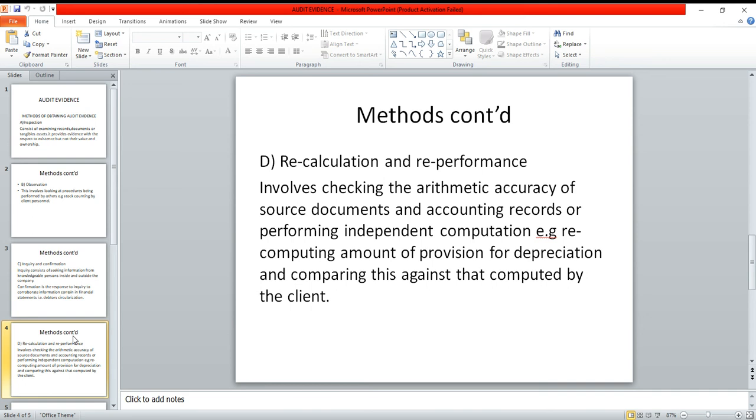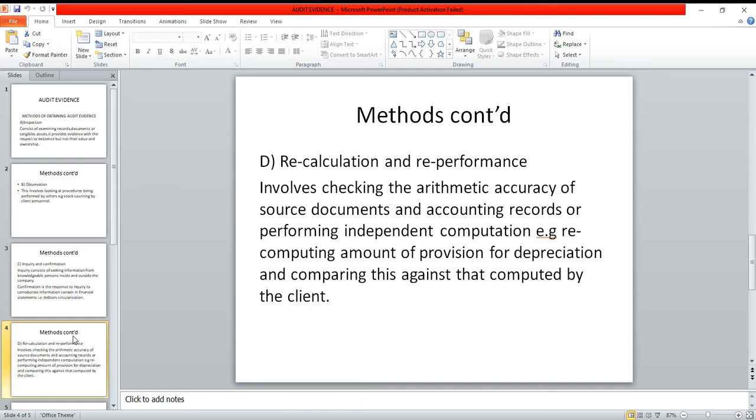Or if it is the provisions for depreciation of the assets of the company, then it has to be done according to the regulation on asset depreciation. So the auditor has to satisfy himself or herself of the right rates that have been applied in calculating those.